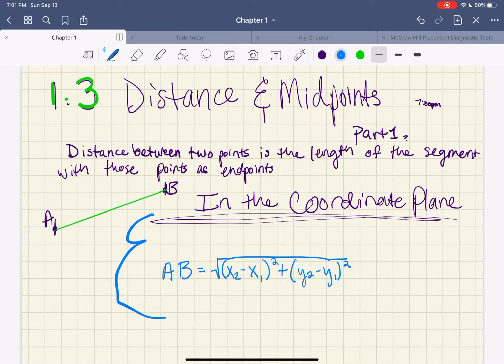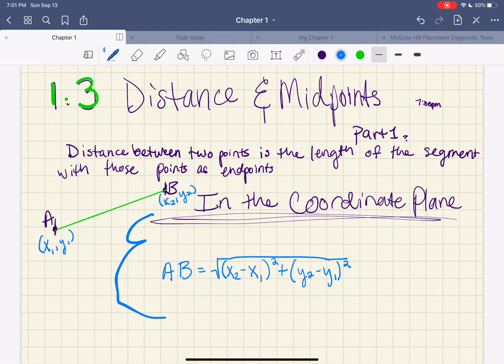Cool. So I've got x1, y1, x2, y2. This is often a coordinate plane. Just plug in my values, evaluate, and I come out with a nice number.